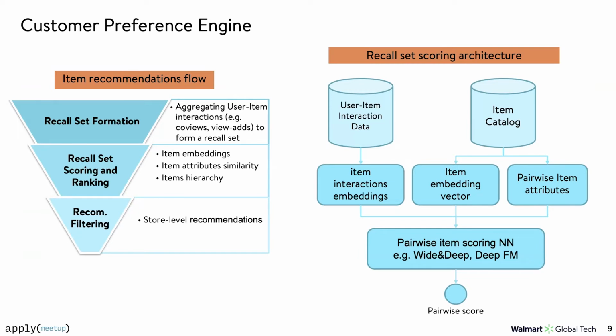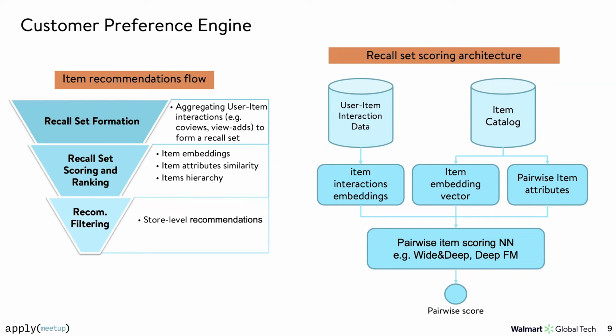Using this information, we form a recall set, and we also extract the user-to-item interaction embedding data out of it. From the item catalog data, we are also able to generate the item embedding vectors, which can be used to find the similarity of different items.